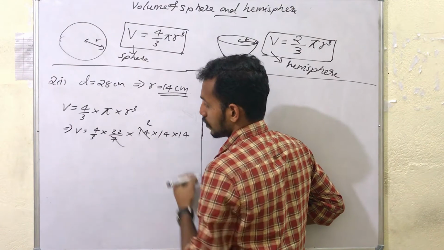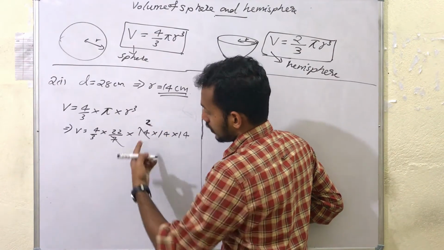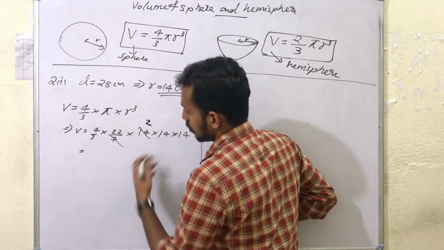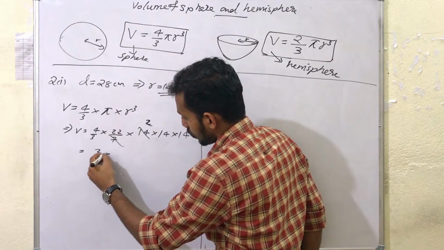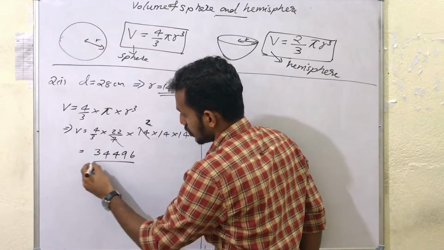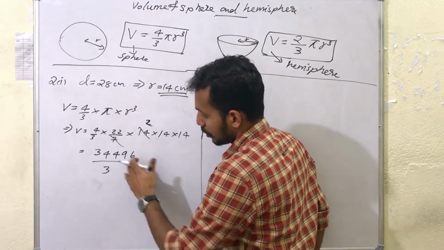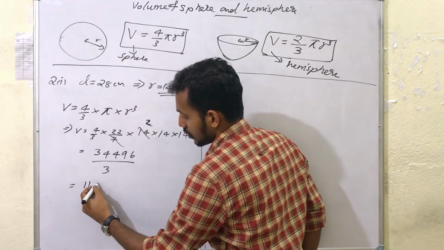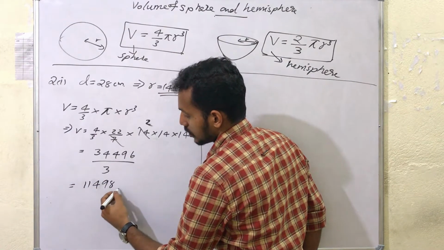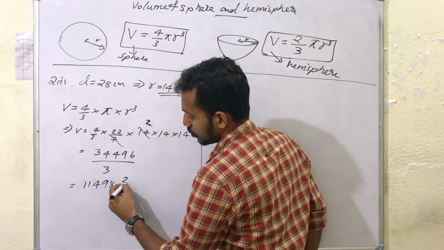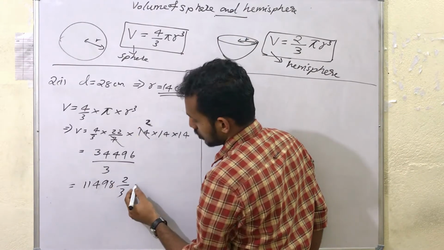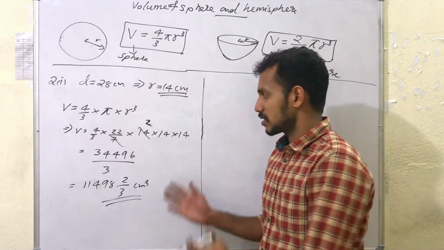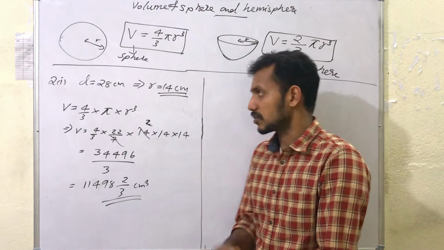Nothing can be divided, just multiply it. 34,496 divided by 3. Convert this improper fraction to a mixed fraction. So what we will get? 11,498 and 2 by 3 centimeter cube.